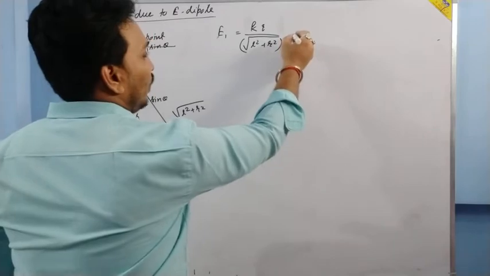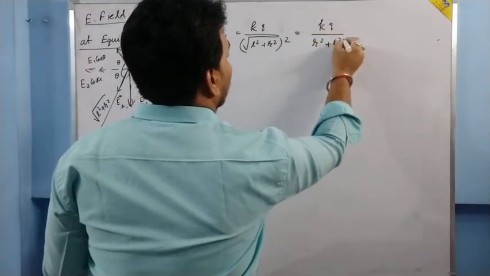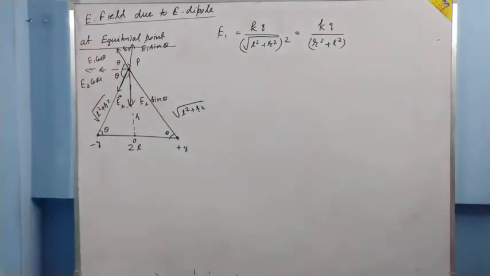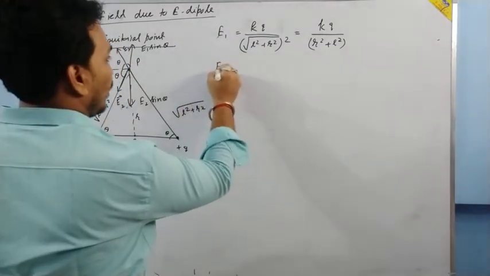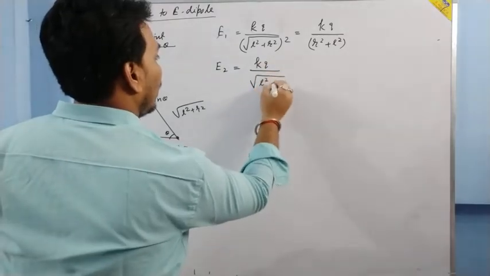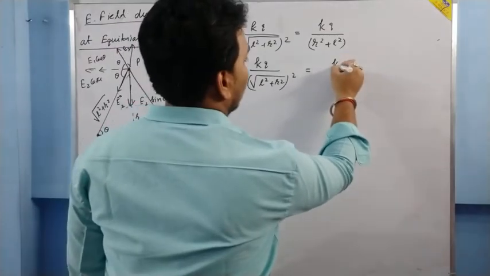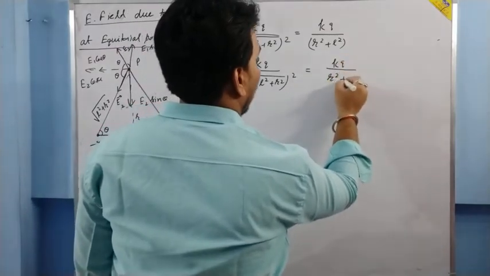Under root will be vanished. It will be KQ upon R square plus L square. The value of E2 is given by KQ upon (under root L square plus R square) whole square. Under root will be cancelled. It will be KQ upon R square plus L square.